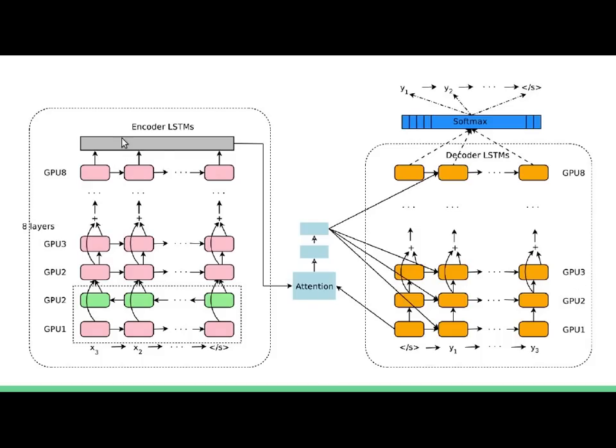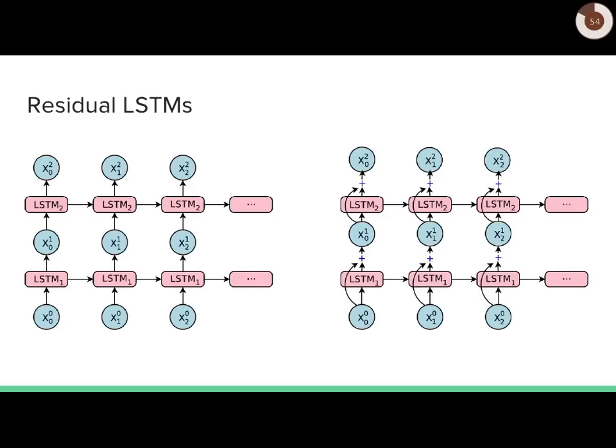So they got the attention here with some softmax and things before getting into their decoder, which is some stacked residual cells again. Just to show you how those residual LSTMs work, imagine a residual convolutional connection.